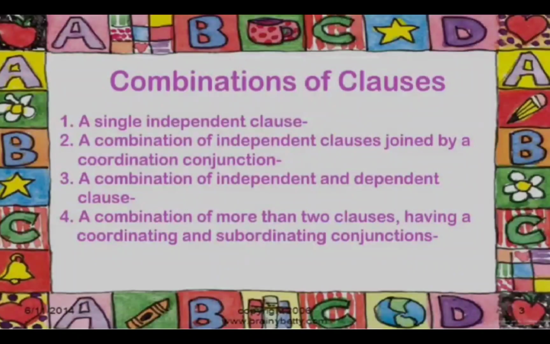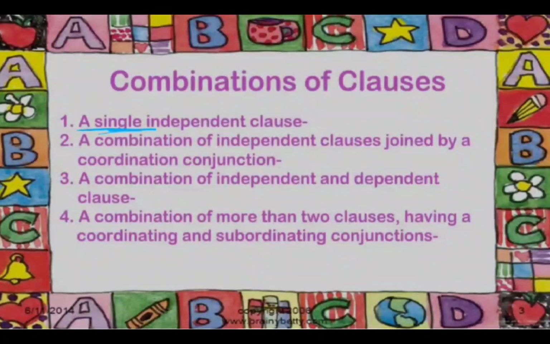Now, there are combinations of clauses. What did we study first, right in the beginning? That a clause is something that will have a subject and a verb. If the clause has one subject and one verb, that will become a single clause.